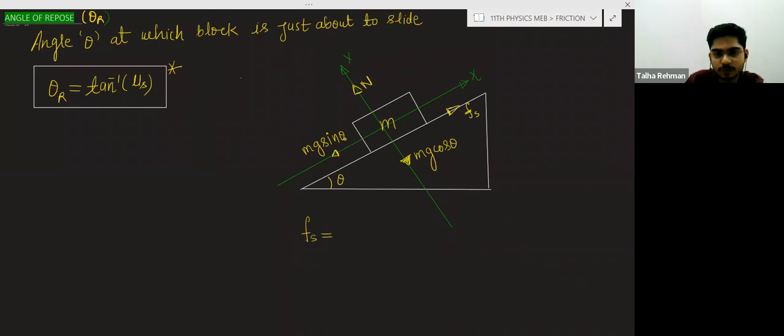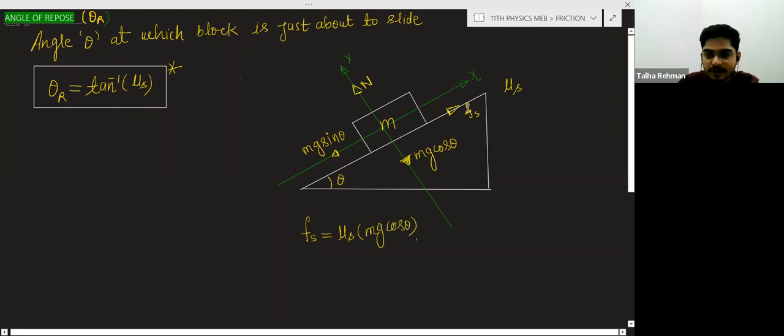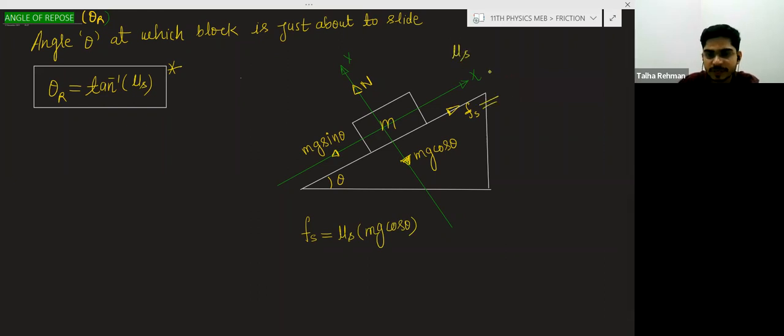Suppose mu s is the coefficient of static friction between the surface of the block and the wedge. So mu s into N. What is N here? mg cos theta. So in this direction there is a force, that is mu s mg cos theta.